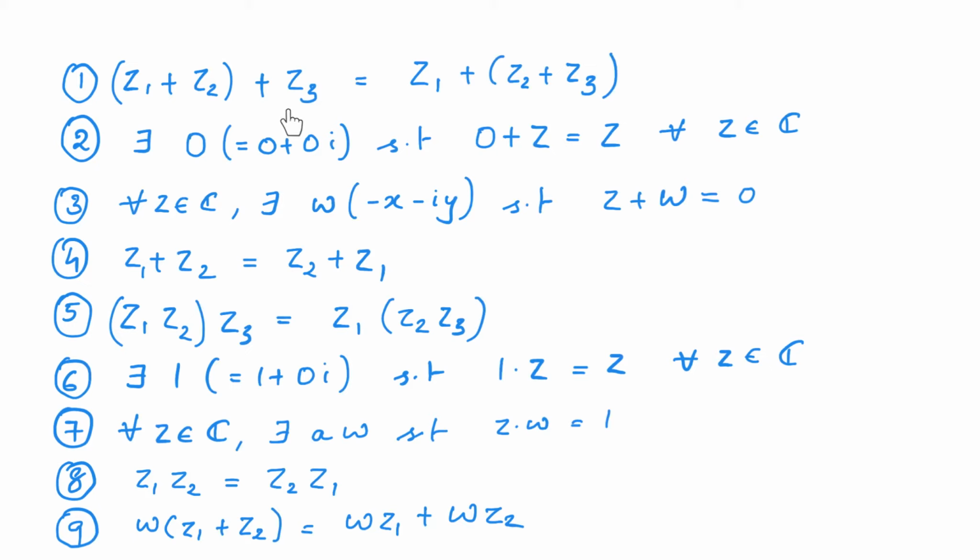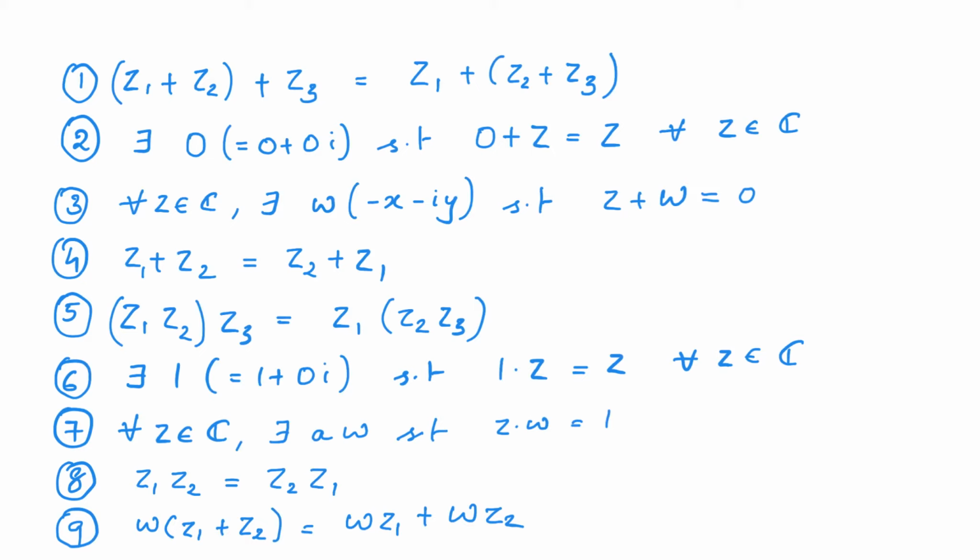Namely, addition of complex numbers is associative, or the order in which you do addition does not matter. Second, there exists an element 0 or additive identity which when added to any complex number, you will get the complex number itself. And for every complex number, you can find another complex number such that if you add the two numbers, you get 0.